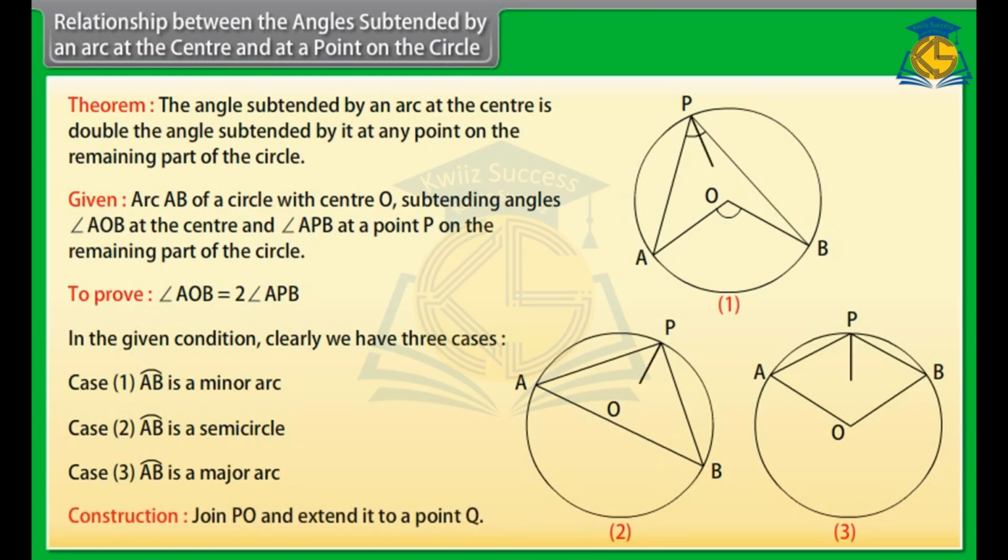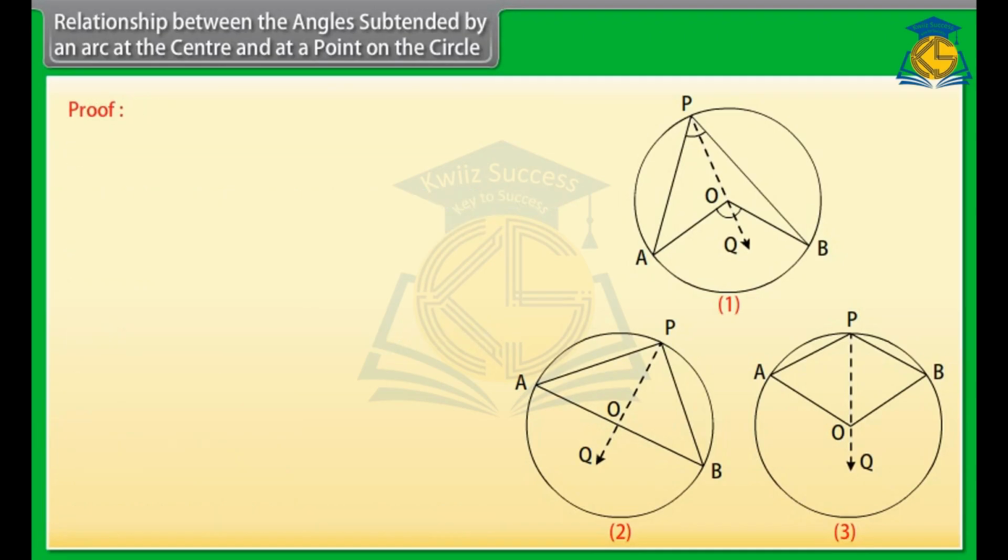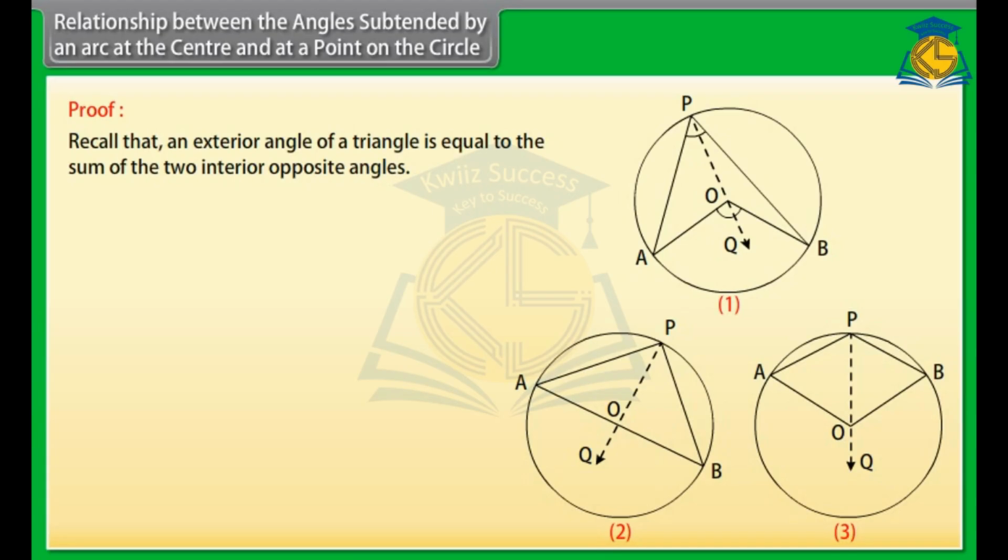Construction. Join PO and extend it to a point Q. Proof. Recall that an exterior angle of a triangle is equal to the sum of the two interior opposite angles. So we have angle QOB is equal to angle OPB plus angle PBO, (1).